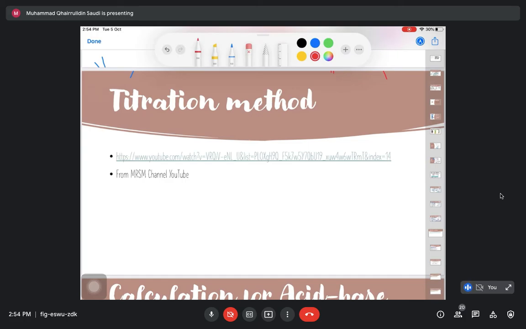Especially for the experiments yang awak tak dapat nak buat lagi, but the teachers have taught you. Macam yang saya bagi tadi, dilution methods tu, and how to prepare standard solution from solid, and how to prepare standard solution from another standard solution, concentrated standard solution, semua ada dalam tu. You can have a look. So now kita akan tengok yang ni.